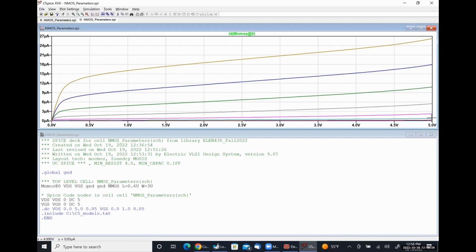Some textbooks, instead of calling this strictly VDS, have it listed as VDS minus VDSAT, which is really the same as VDS minus the quantity VGS minus VTH.